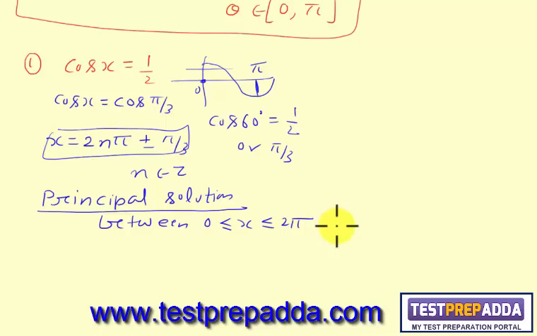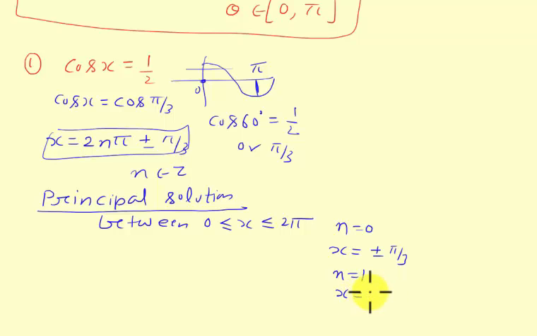If I write the value of n as 0, my x comes as plus minus pi by 3. If I write n as 1, my x comes as 2 pi minus pi by 3 and 2 pi plus pi by 3. So what value do I get here? 5 pi by 3 and here 7 pi by 3.